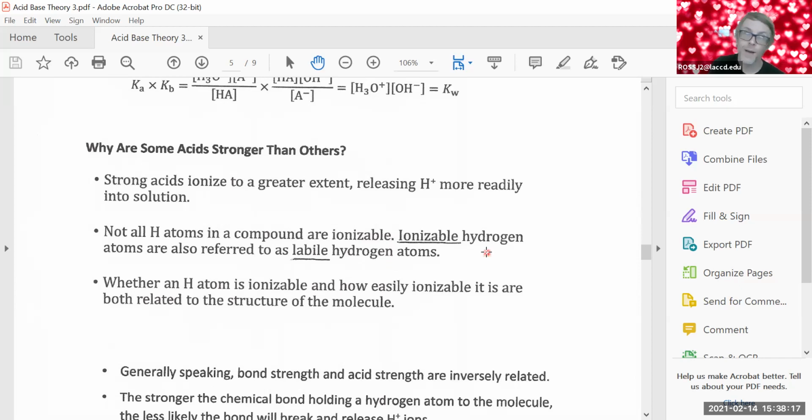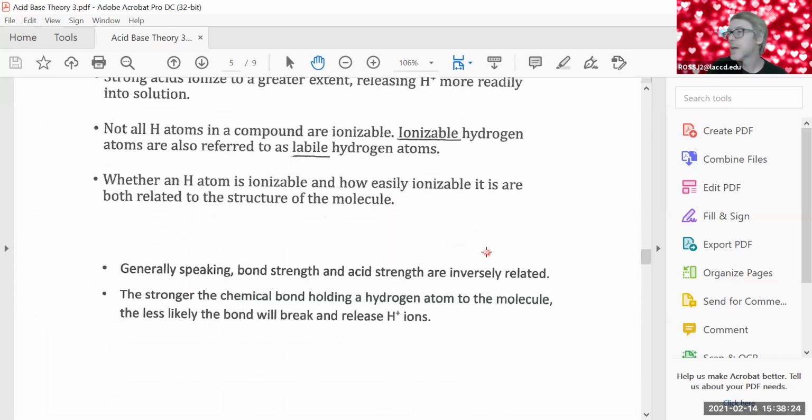And why might that happen? You might have a weaker bond. You'd expect a weaker bond. You know, bond strength and acid strength are inversely proportional.